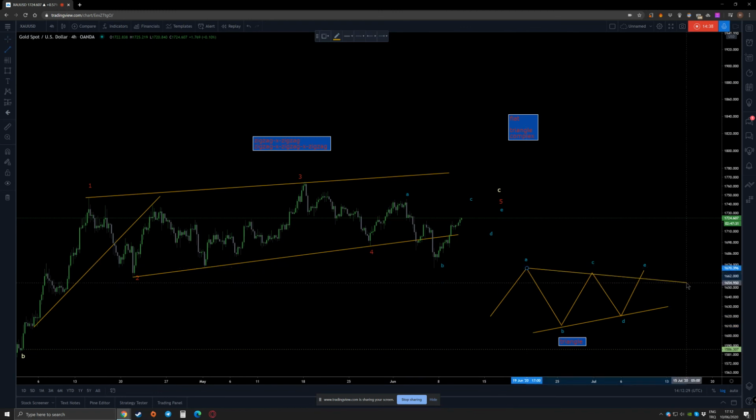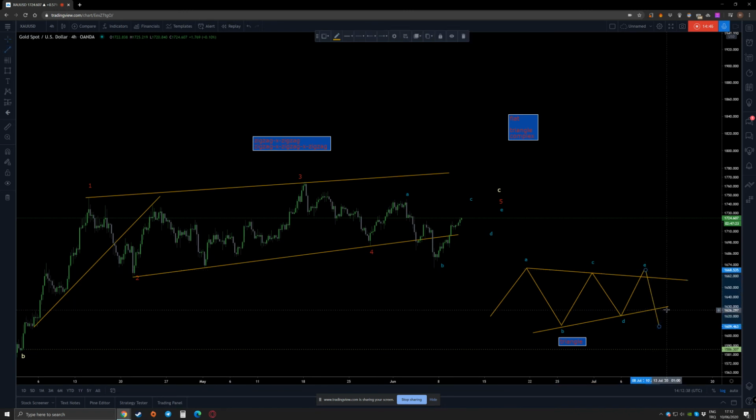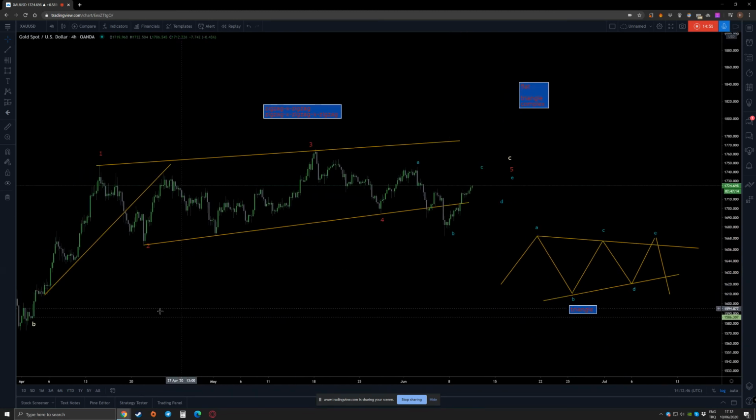And if I see that this B to D trend line has been broken, maybe you can wait for a retest, but don't forget that the moment this triangle is over, we are in a hurry. Why?